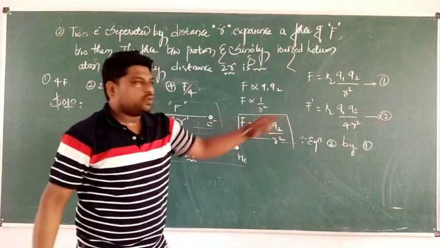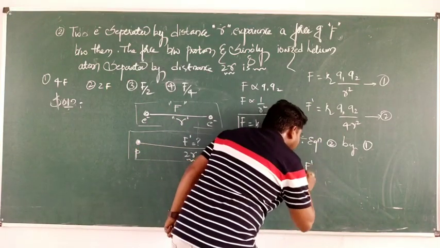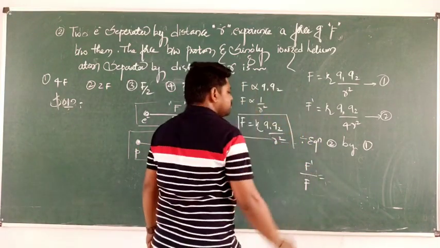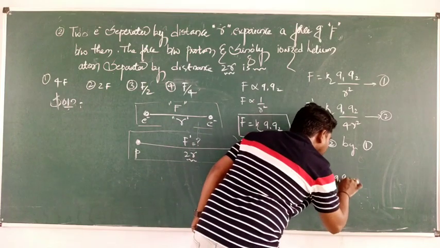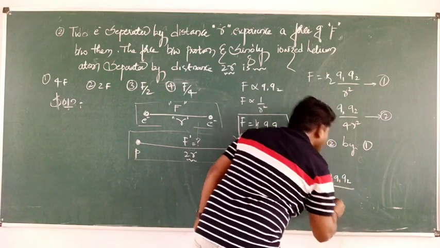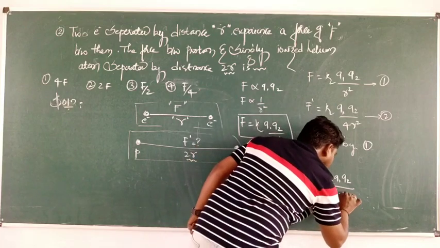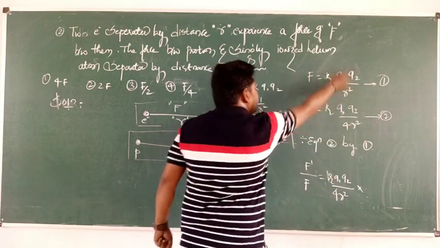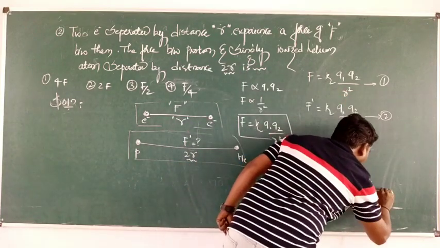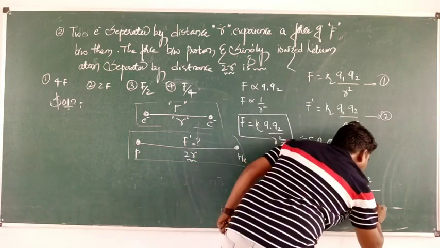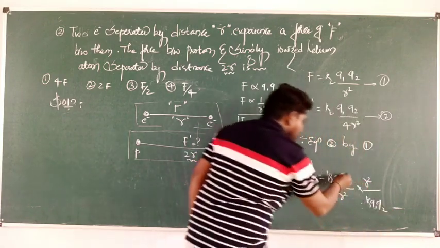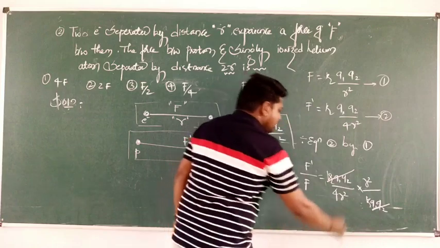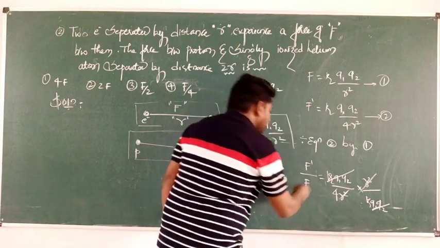When you divide equation 2 by 1, you get F dash divided by F, which equals k q1 q2 divided by 4r square, into r square divided by k q1 q2. This gets cancelled, r square will get cancelled.